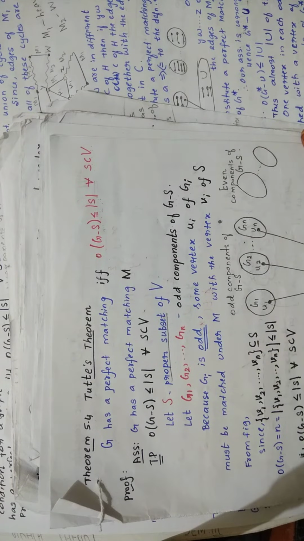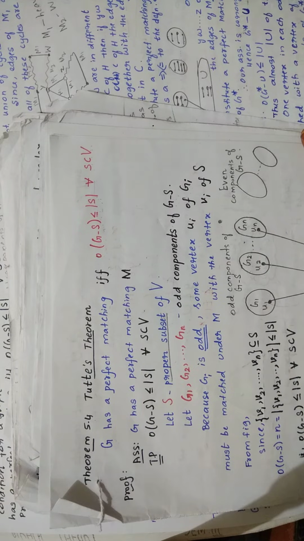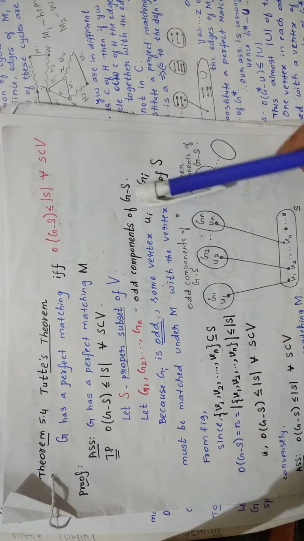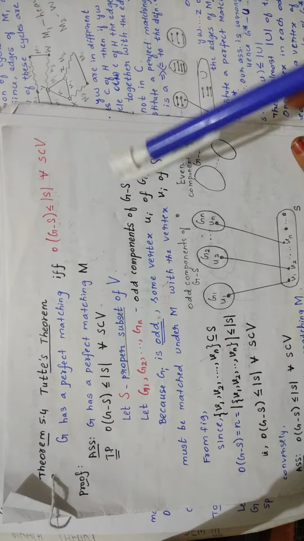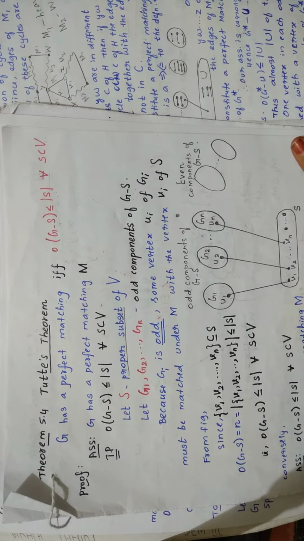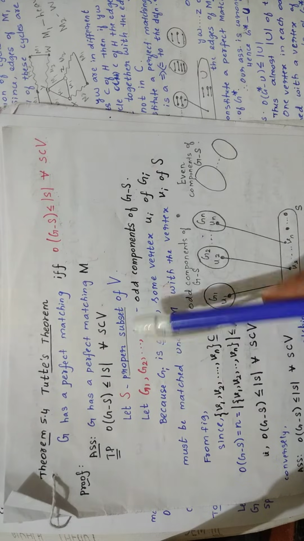Now you write about what S is. Let S be a proper subset of capital V. You know that capital V is the vertex set of the graph G. Now you draw the graph of G minus S, and from that graph you consider the odd components, G1, G2, etc. up to Gn.